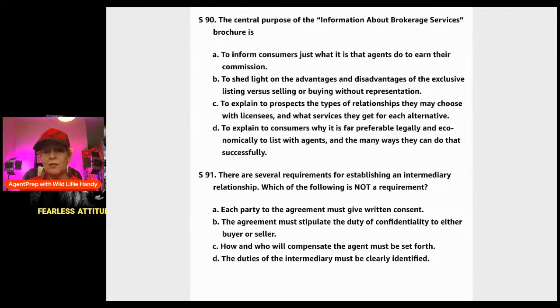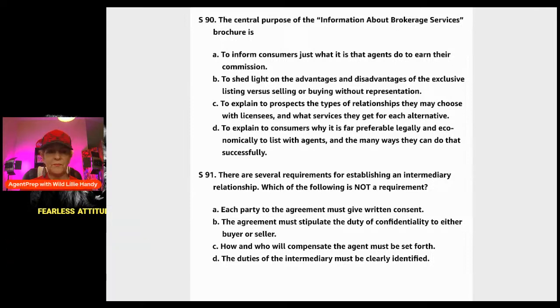So it explains all that, and the buyer or seller gets to choose which licensee they're going to use. So they have an alternative so that they understand it. If they're going to be a buyer, they only choose buyer. If they're going to be a seller, they only choose seller. However, if they're going to do both, sell and buy, then they can choose the same agent to do both, and that's a situation that we want when we're working with sellers.